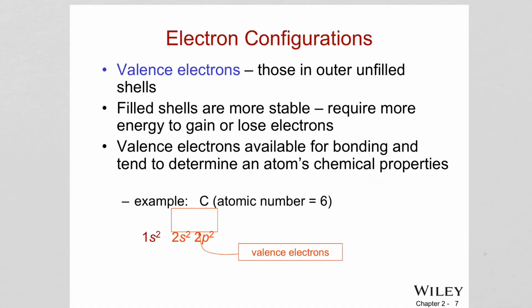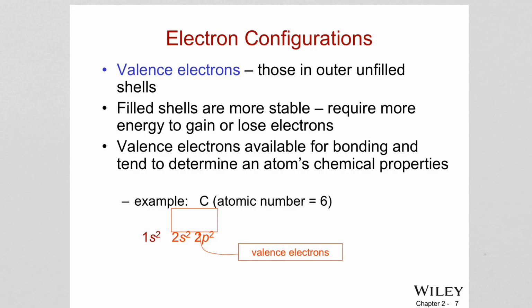So basically, valence electrons are the electrons that occupy the outermost shell, the outermost energy level. And these electrons are very important because they participate in bonding between atoms. Some elements, as we have talked about, have a stable electron configuration, like noble gases.